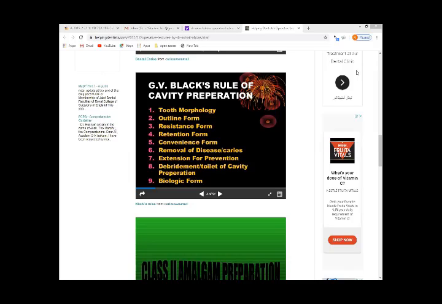If we look at the boundary, the marginal ridge is a straight ridge on the proximal surface. So it is bounded occlusally by the two ridges of the lingual and the buccal cusps, and in between these two ridges we can see the straight marginal ridge, the buccal marginal ridge or the lingual marginal ridge.